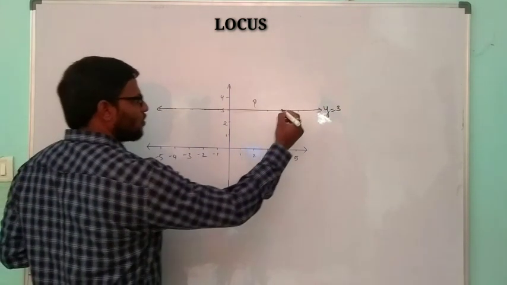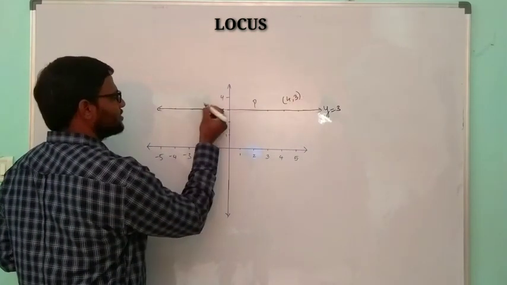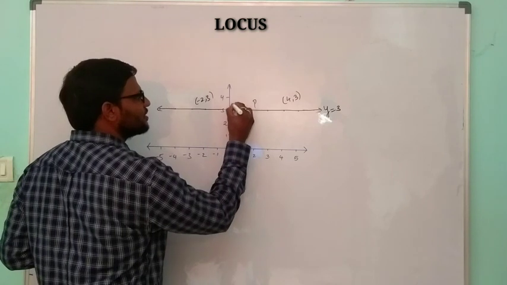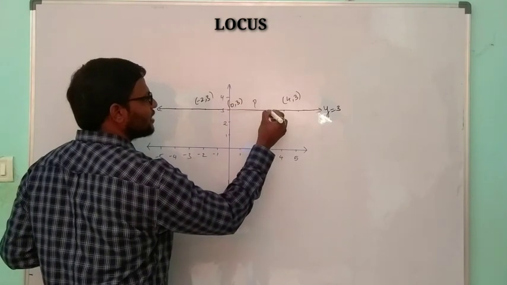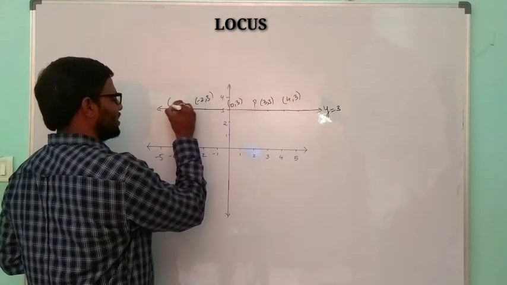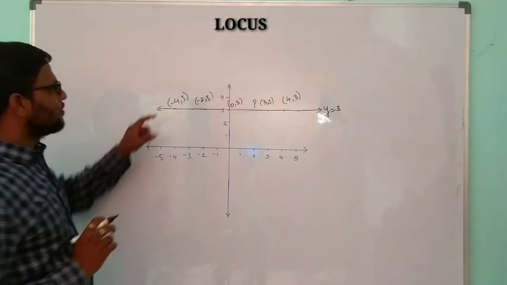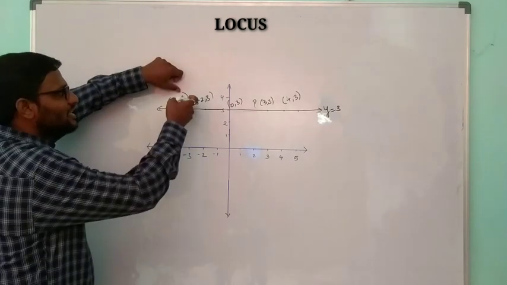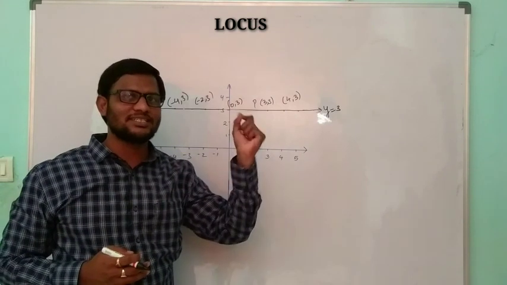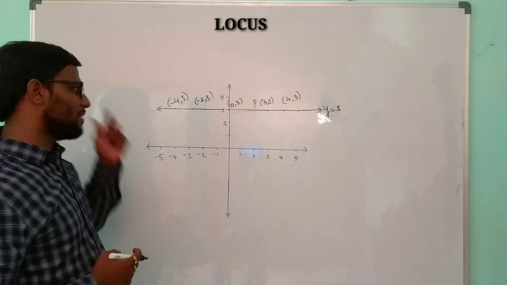Because if you take the coordinates here, this is (4, 3), this is (-2, 3), this is (0, 3), and this is (2, 3). You take any point on this line, the y coordinate is 3 only. So here 3 represents the distance from the x-axis. Generally the x coordinate represents distance from the y-axis and the y coordinate represents distance from the x-axis.